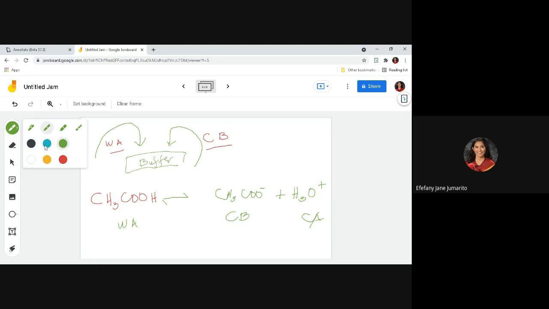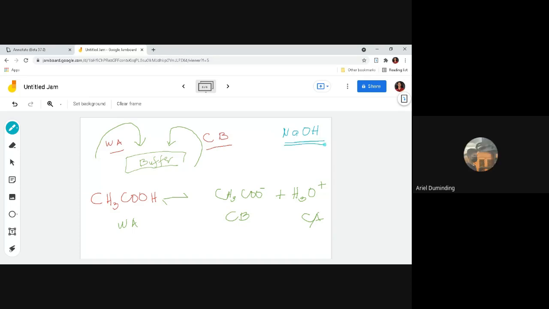Now, if we add NaOH to the solution, where will it react?